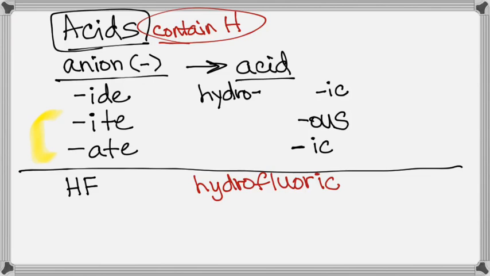Another example down here, we're going to go the opposite direction, and we're going to start with sulfuric acid. And you give me the formula. So I go back and I look.